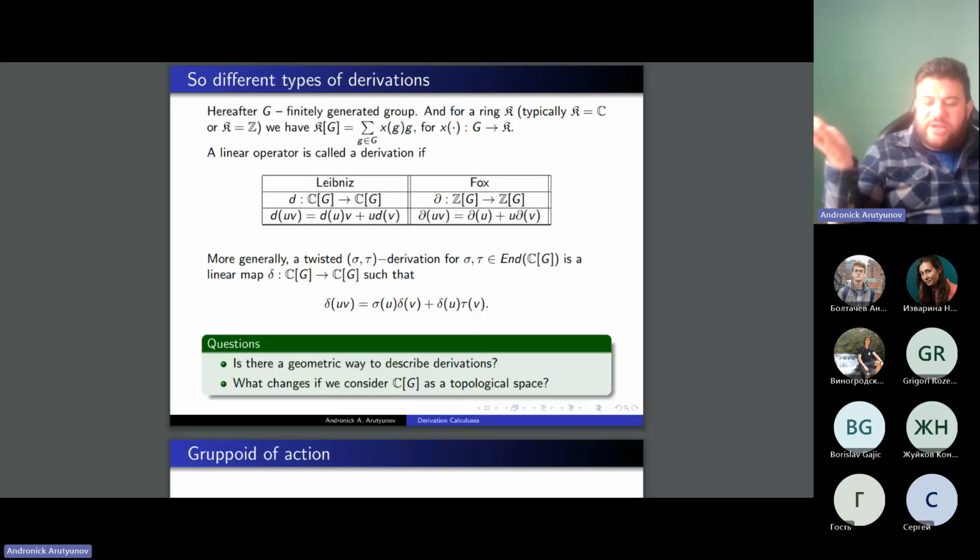So you need to know something about your group to understand how it is working. So this groupoid approach gives a view how group conditions work for the derivations. This is first of all.